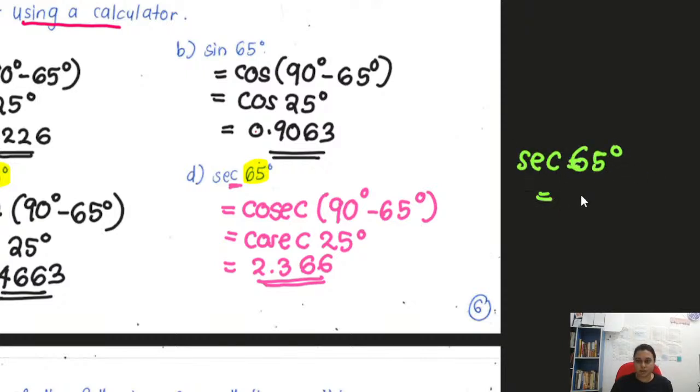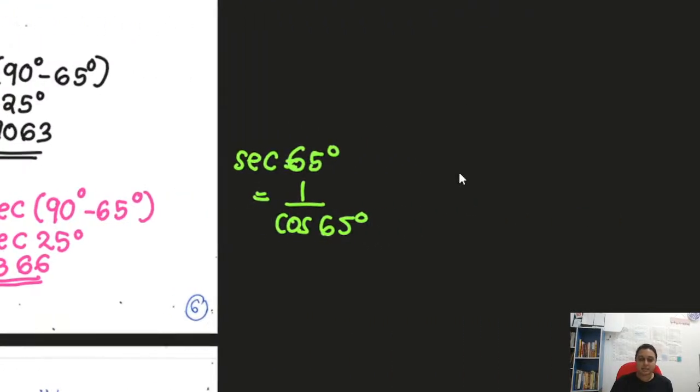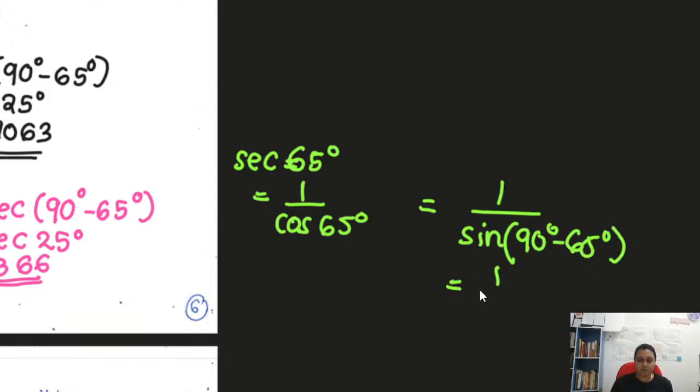Okay, secant tukar dulu to 1 per cos, correct? Then 1 per cos, you're going to change to the best friend, right? The best friend is sine, isn't it? Sine 90 minus 65, so this will be sine 25. This one you can check. 1 over cos 65.